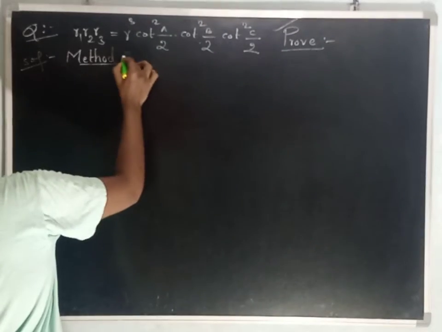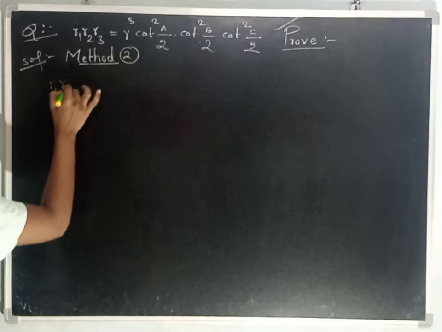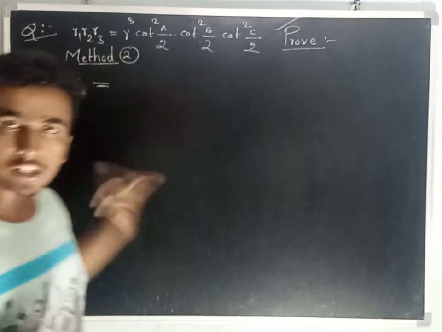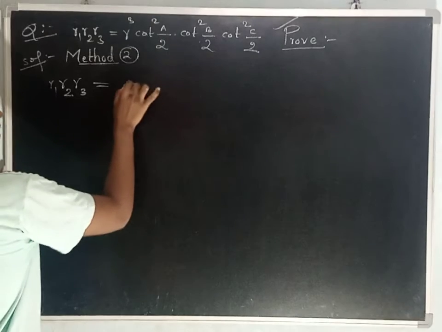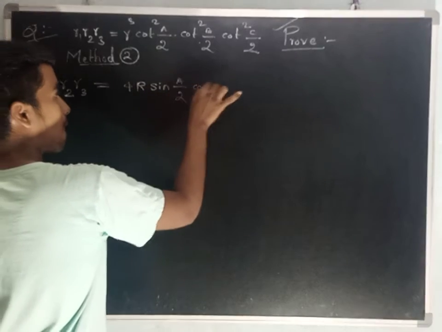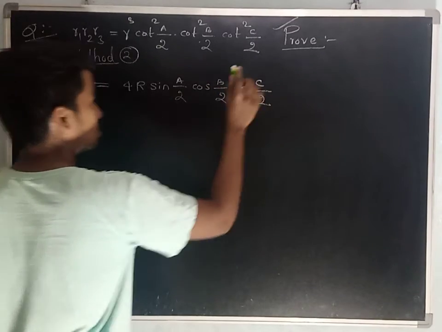Method 2. R1, R2, R3. For R1, I am going to apply a different formula. That is 4R sin A by 2 cos B by 2 into cos C by 2.